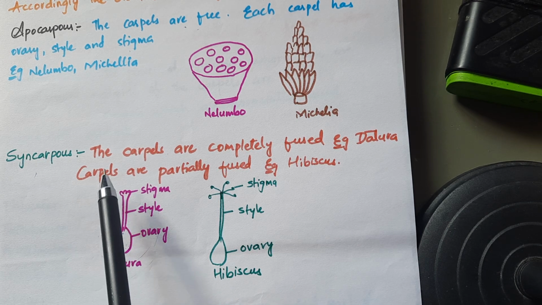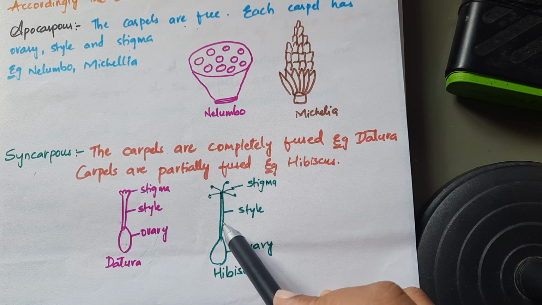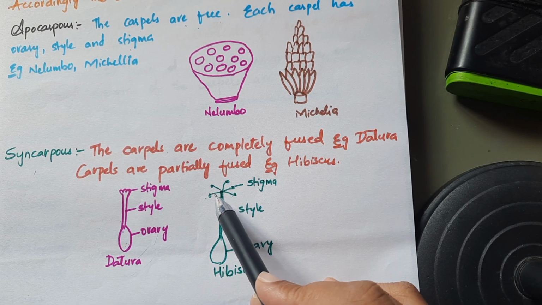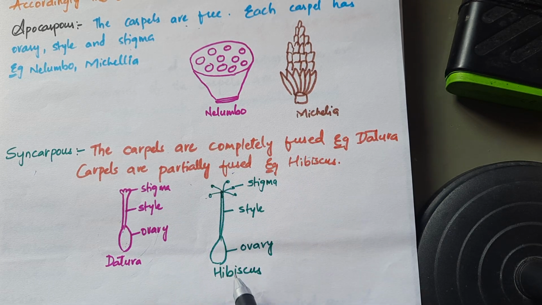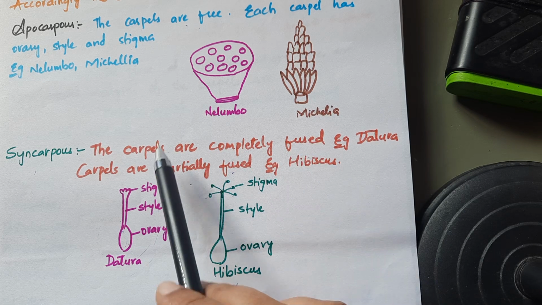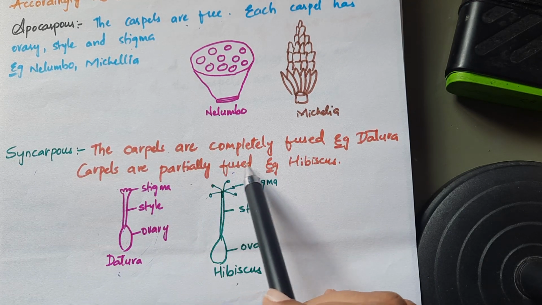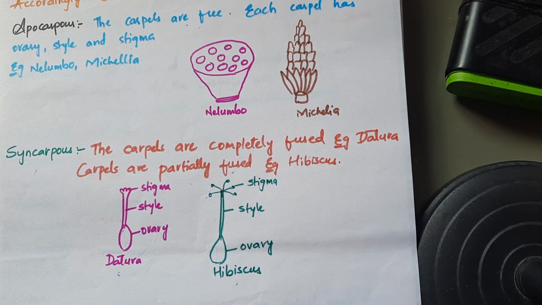Then carpels may be partially fused. See here, this region and this region are fused, but the stigmas remain free. We call this partially fused, which is seen in Hibiscus. Complete fusion of the carpels is seen in Datura, whereas partial fusion is seen in Hibiscus.